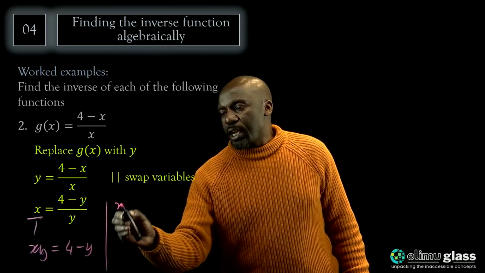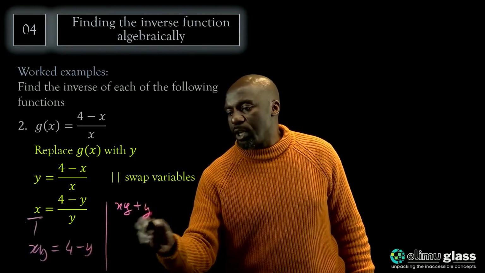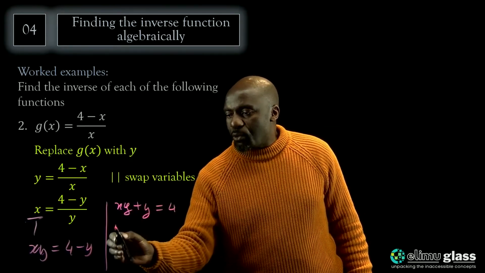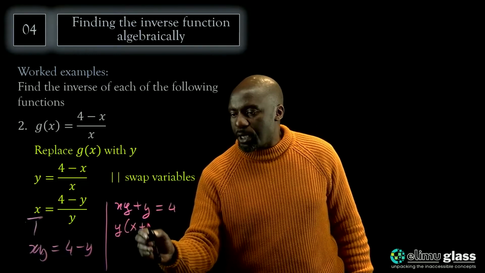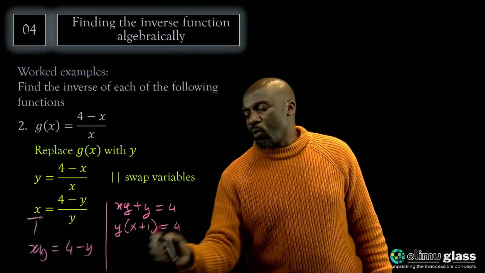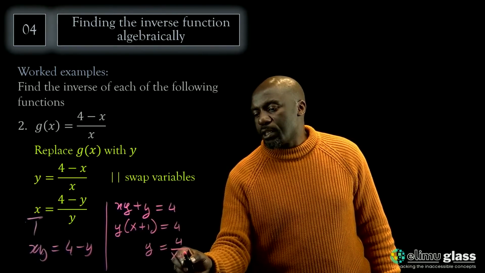Okay, so I will have x times y. This y goes to the other side and becomes plus y equals 4. Factorize y out. We have y into x plus 1 is 4. Now we divide both sides by x plus 1, and that gives me y is 4 over x plus 1.